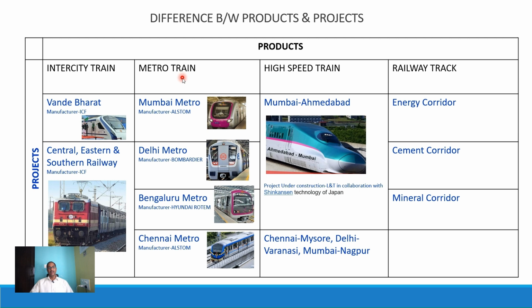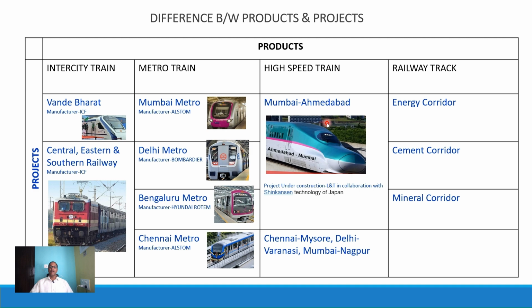Coming to the metro train, Mumbai Metro is a project, Delhi Metro is a project, Bangalore Metro and Chennai Metro are the four projects. And you can see here who the prime manufacturers are: Alstom, Bombardier, Hyundai Rotem, and sorry, Alstom again for Chennai Metro.